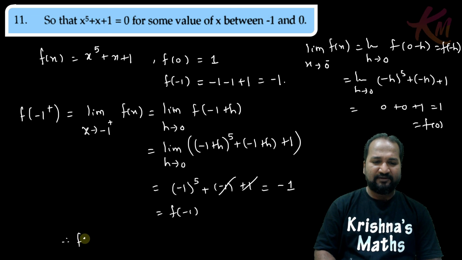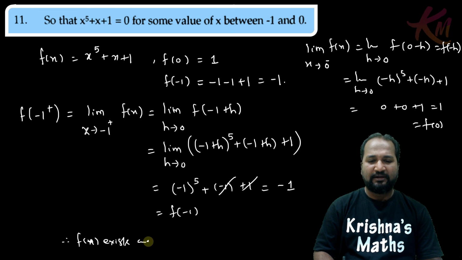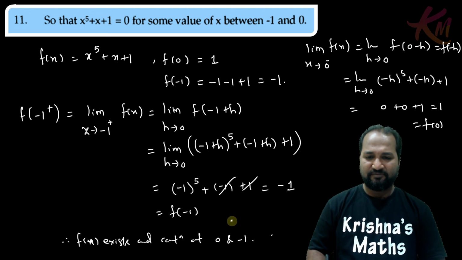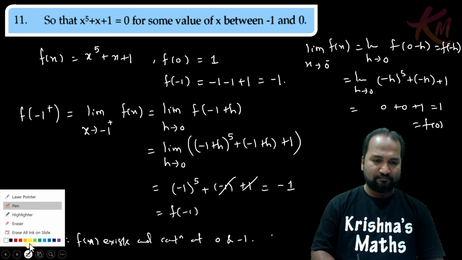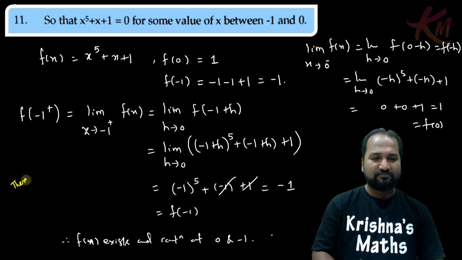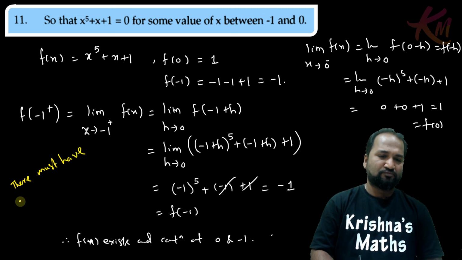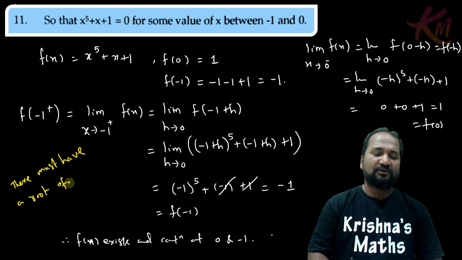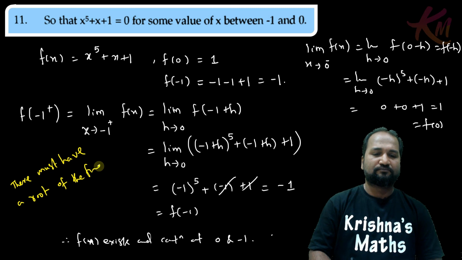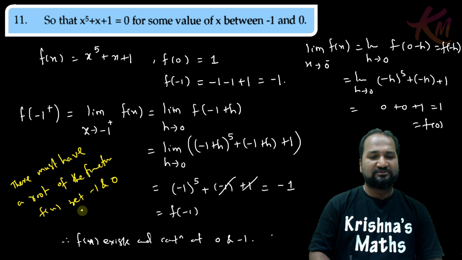Therefore, f of x exists and is continuous at 0 and minus 1. Therefore, there must be a root of the function f of x between minus 1 and 0.